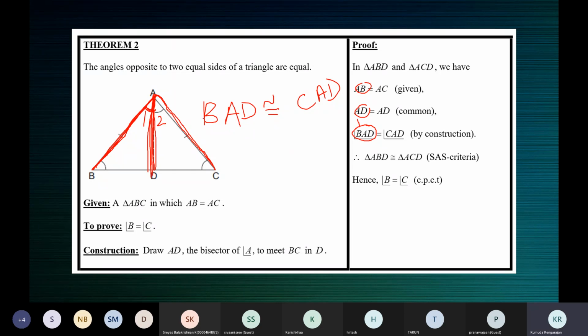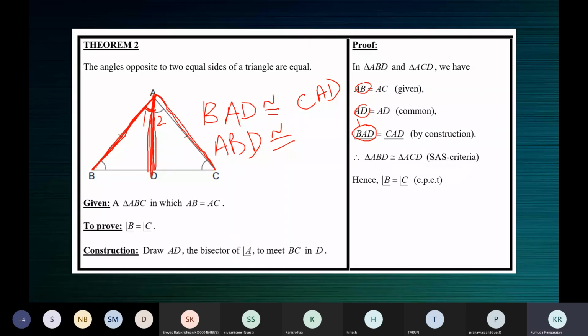If you write triangle ABD, then you must say ABD is congruent to what? The order in which we name the triangles is very important. If you write this as ABD, then you must write this one as ACD.